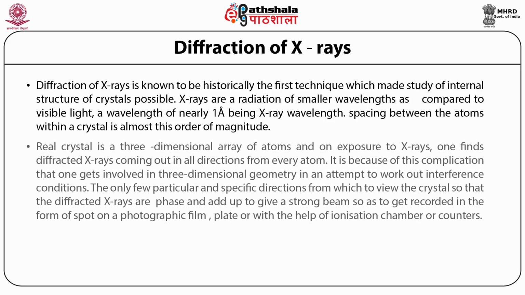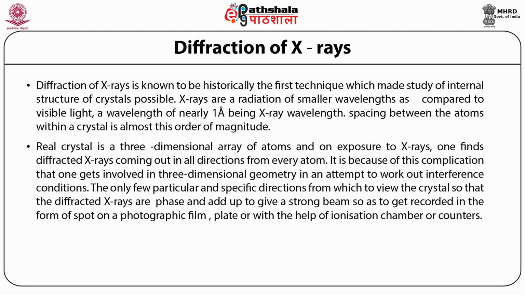A real crystal is a three-dimensional array of atoms, and on exposure to X-rays, one finds diffracted X-rays coming out in all directions from every atom. It is because of this complication that one gets involved in three-dimensional geometry in an attempt to work out interference conditions.